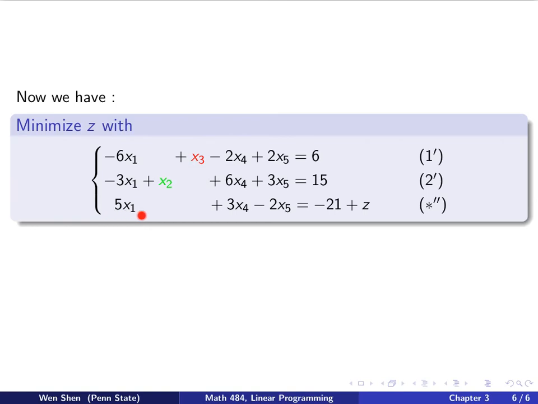Okay, and the last line, which is labeled as star double prime, that is the equation for the objective function. That is, the value z is expressed here in terms of the non-basic variables.